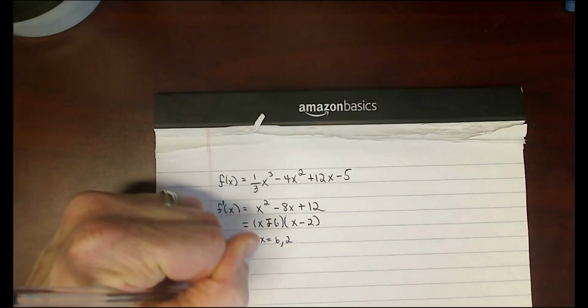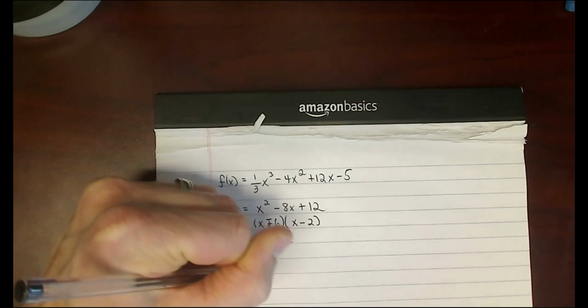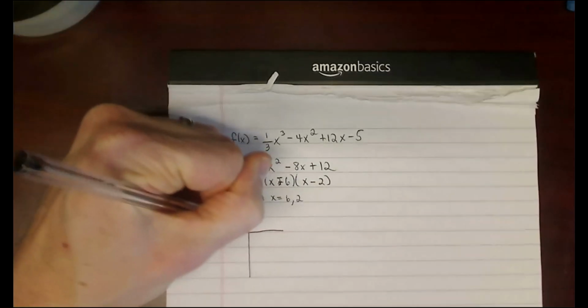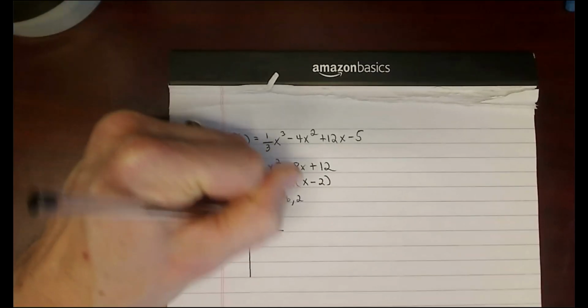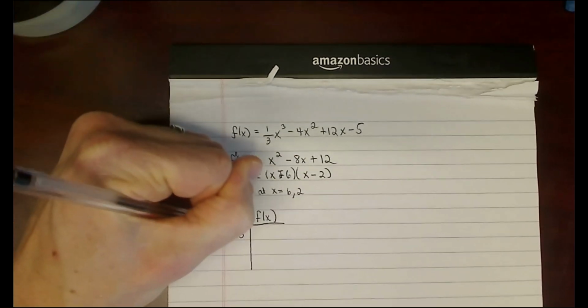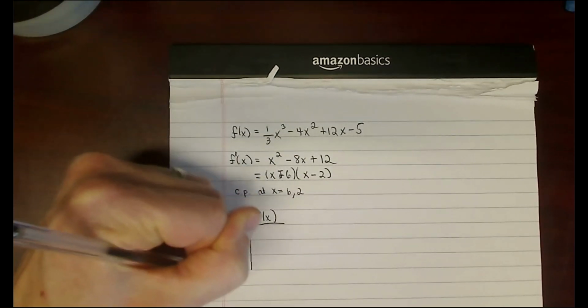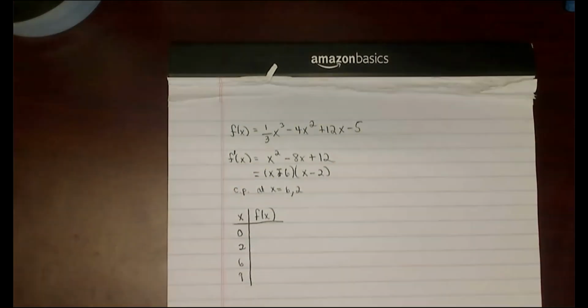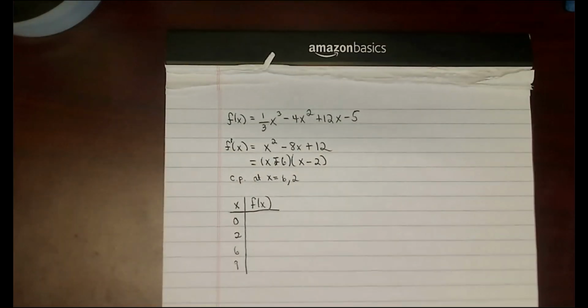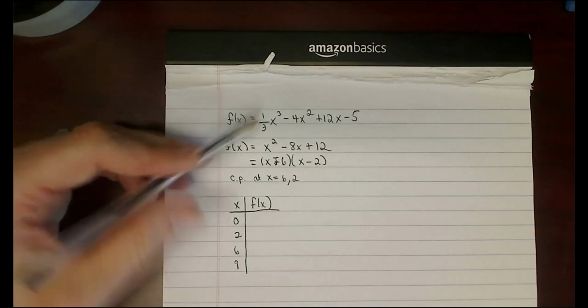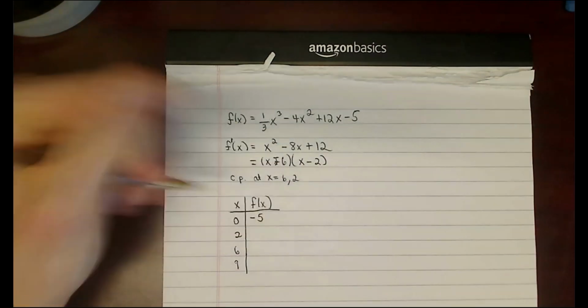So we can classify if we want, or we can just make a table of candidates and just evaluate the function at your 4 potential values. We have 0, 2, 6, 9. These are all values, and we're just trying to see where the absolute maximum occurs, so which is the biggest one. So we're just going to take 0, plug it into the function, we get minus 5.